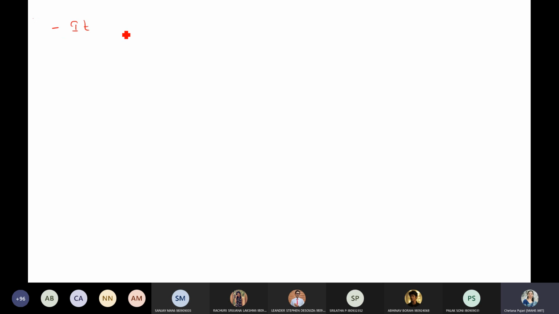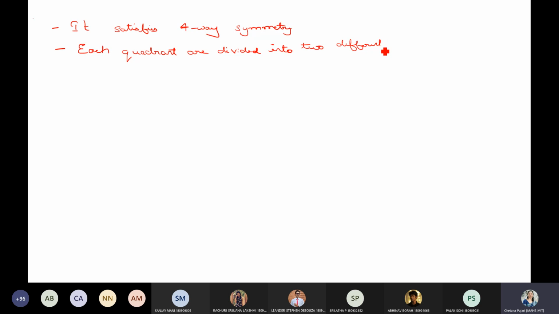It satisfies four-way symmetry. Hence, it differs in the way we plot the coordinates.